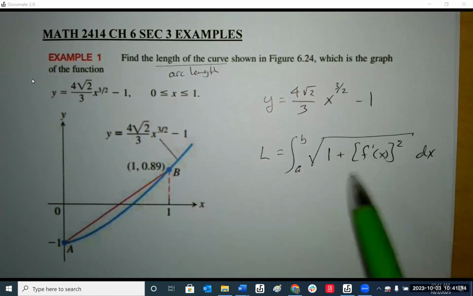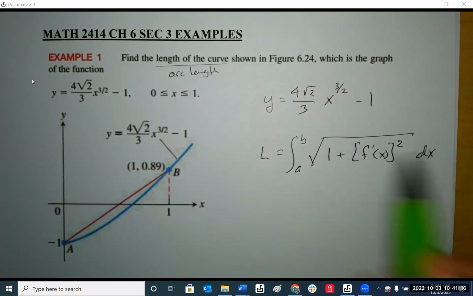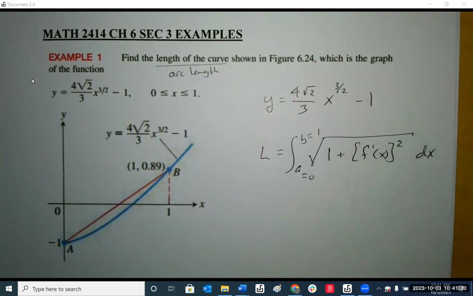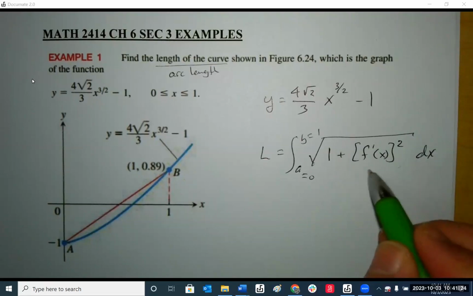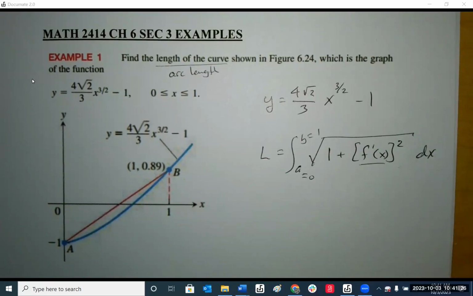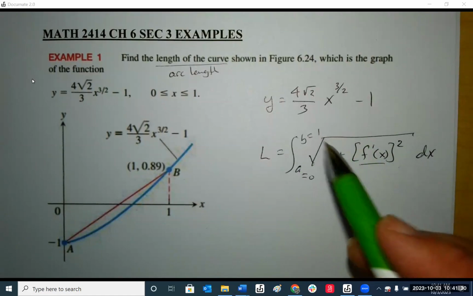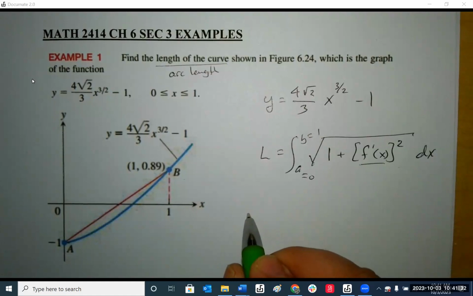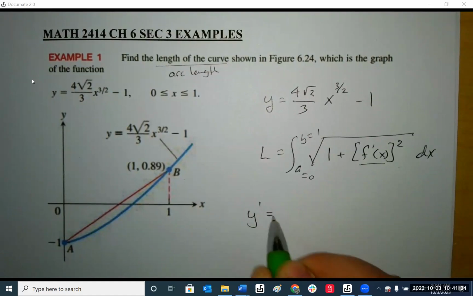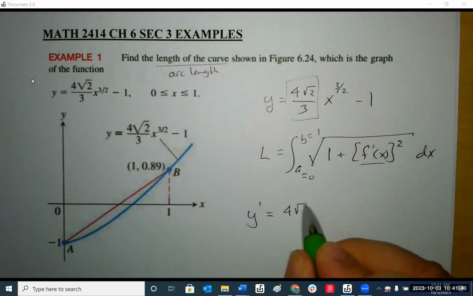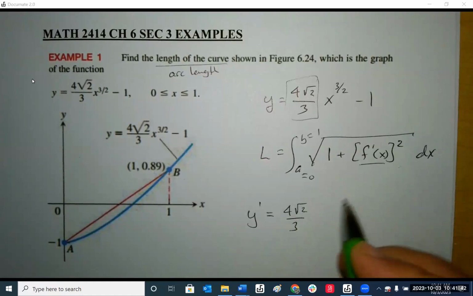So inside here, what's the only thing we need to know? We know what A and B are. A is 0, B is 1. We have to find f prime. We have to find the first derivative of this function. So we have to find y prime. Again, that's a constant, so we have 4 radical 2 over 3.